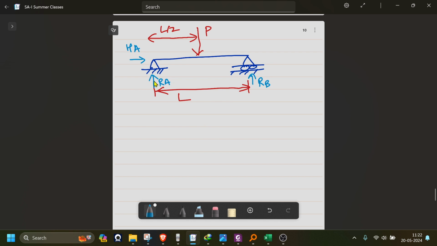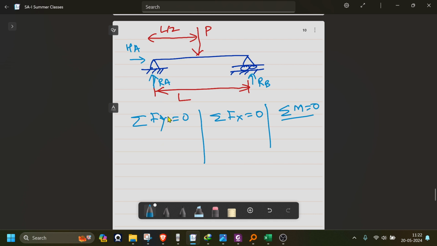These are vertical forces RA and RB. We have three equations: summation of Fy equals 0, summation of Fx equals 0, and summation of moment equals 0. Let's solve with these.